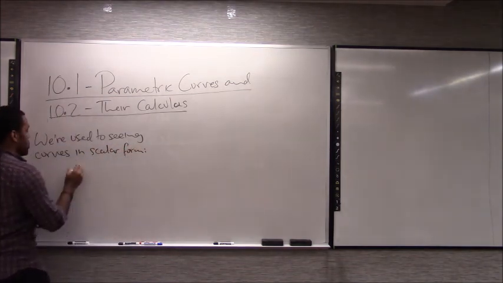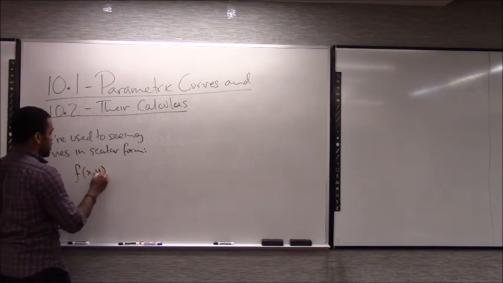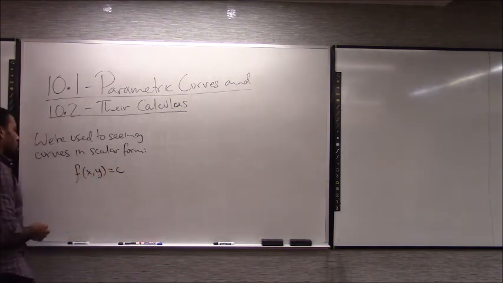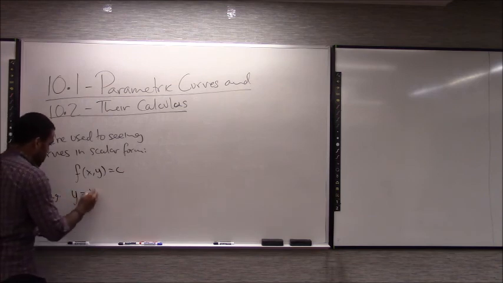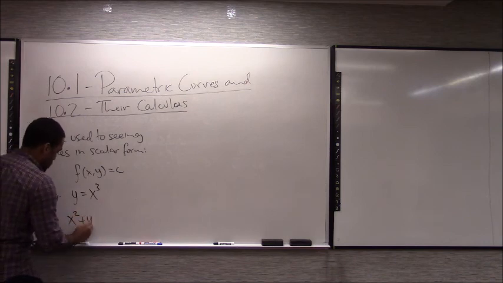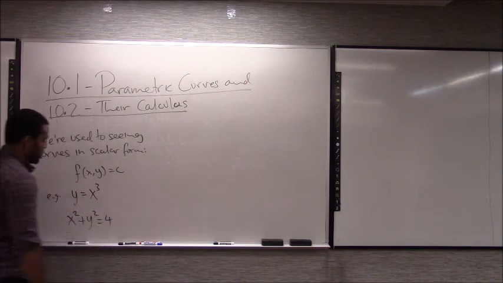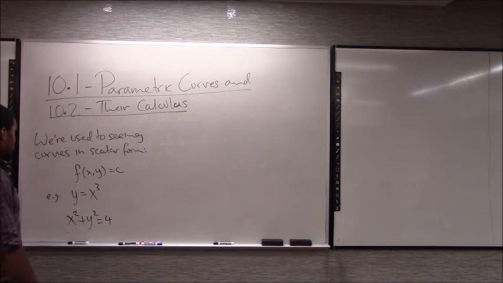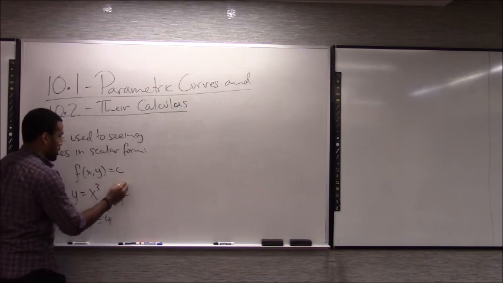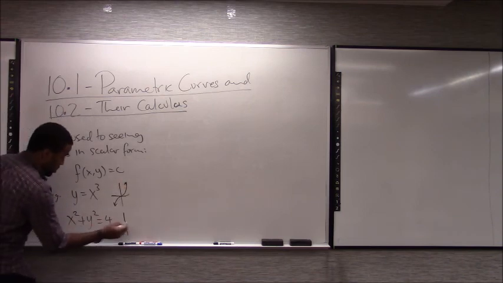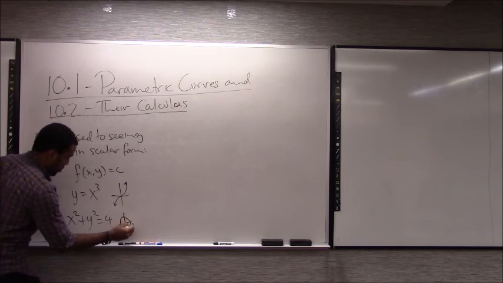So this means you have some function of x and y equals a constant. So for example, y equals x cubed, or x squared plus y squared equals 4. So we see these and we realize that these are curves. This is like a cubic equation that has its own picture. And this guy is a circle of radius 2 that also has its own picture.